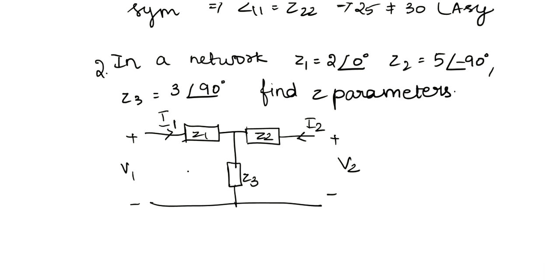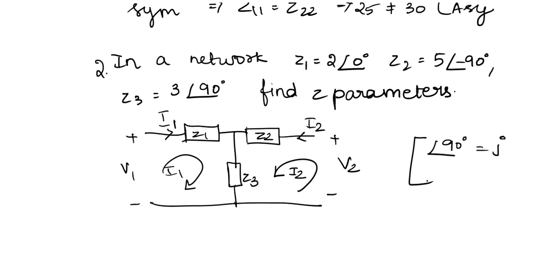Clear? So now as usual equation I1, but here not clockwise, it is anti-clockwise I2. Clear? And there are two methods. One method you can put the values and proceed, or else you can keep it as Z1, Z2, Z3 and finally substitute the values. And before proceeding, you can think angle 90 can be represented as J and angle minus 90 can be represented as minus J. Clear? Okay, now start the problem.